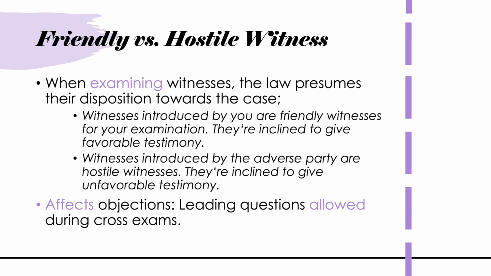So say a party A introduces witness A, a friendly witness, and party B can object to leading questions, whereas examinations of hostile witnesses, so cross examinations, allow leading questions. So you can see how friendly versus hostile witnesses affect your arsenal of objections.